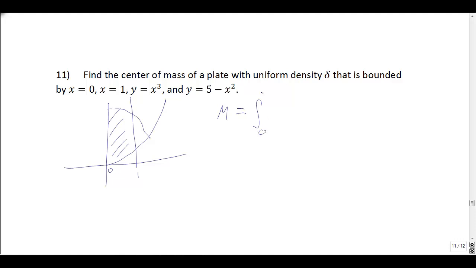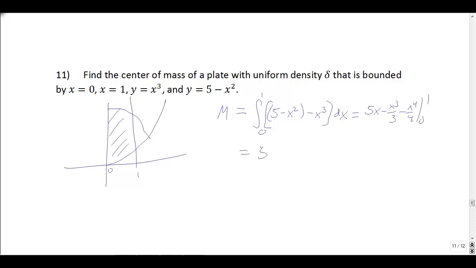So I'm going to get 0 to 1. And what I'm going to get here is I just take the top function minus the bottom function. That's 5 minus x squared minus x cubed dx. So that works out to be, let's see, 5 integrates to 5x. X squared is x cubed over 3 minus x to the 4th over 4 from 0 to 1.